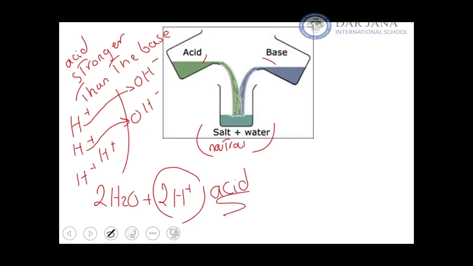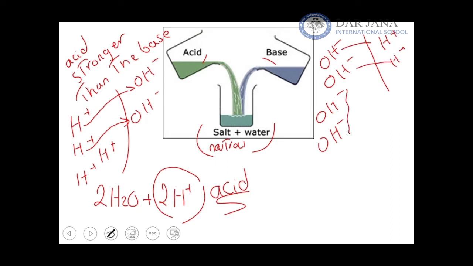The opposite happens when you have a stronger base. So you have more hydroxide ions this time than hydrogen ions. So these two will combine, so you will have 2 water molecules plus 2 hydroxide ions.